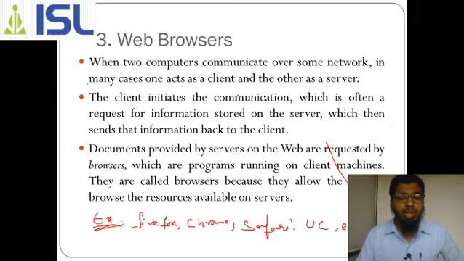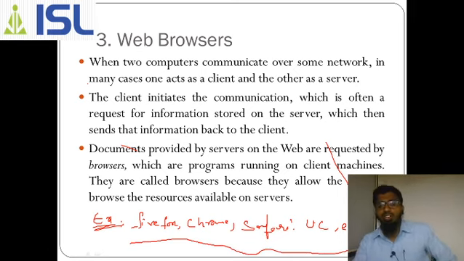Okay, so the next one: documents provided by servers on the web are requested by browsers, which are programs running on client machines. They are called browsers because they allow the user to browse the resources available on the server. There are so many browsers, but these are the examples. You can use any browser to search the data.